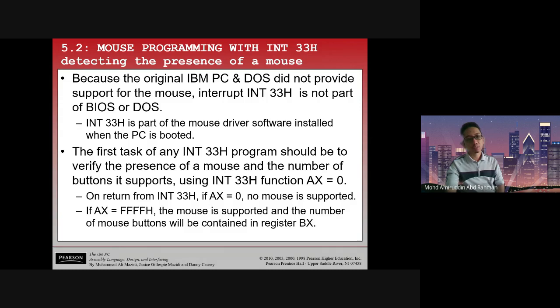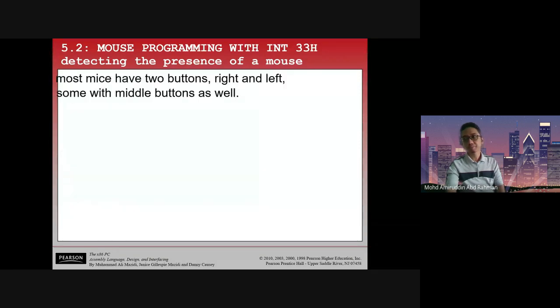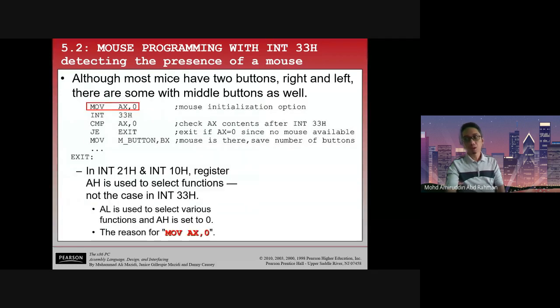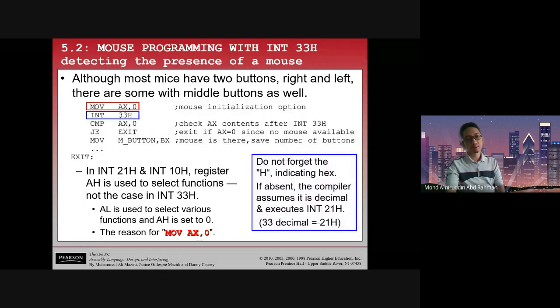So kalau tak ada AX saja 0, kalau ada, dia akan jadi FFFF. The mouse is supported and the number of mouse button will be contained in the register BX. So dia akan simpan information of number of button of mouse dalam register BX. Although most mice have 2 buttons, right and left, and there are some with the middle buttons as well.